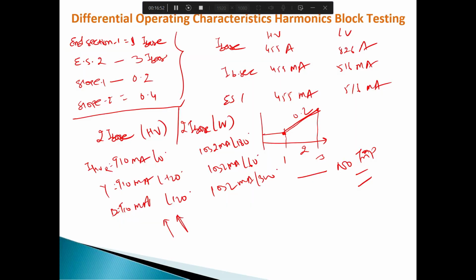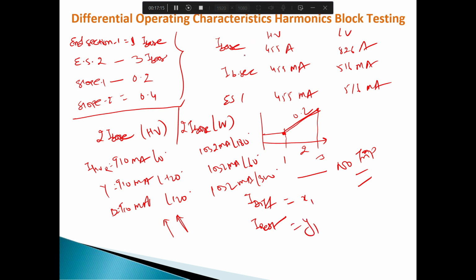Once I have started increasing the current, at some magnitude of current my relay will definitely issue a trip command. So stop the injection, and at that point note down the differential current and restraining current magnitude from the relay. Suppose this is X1 and Y1.